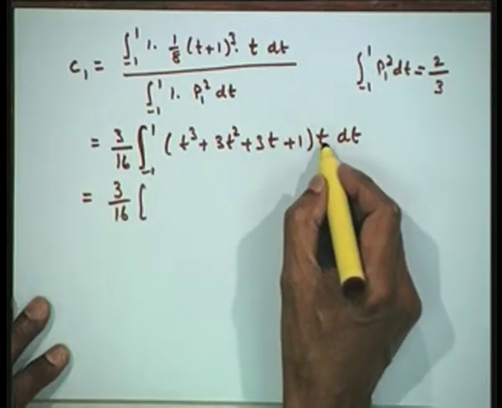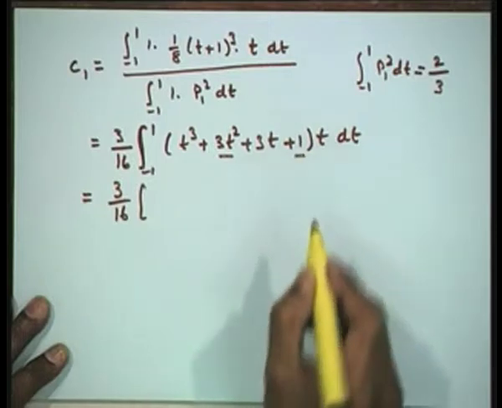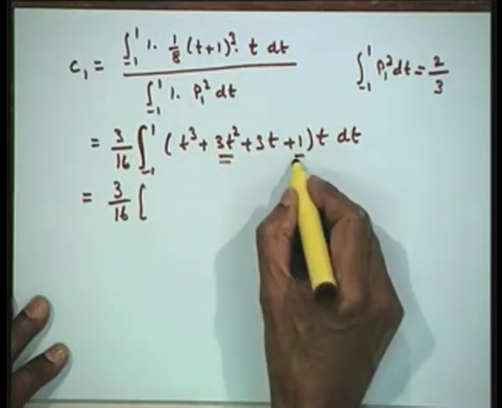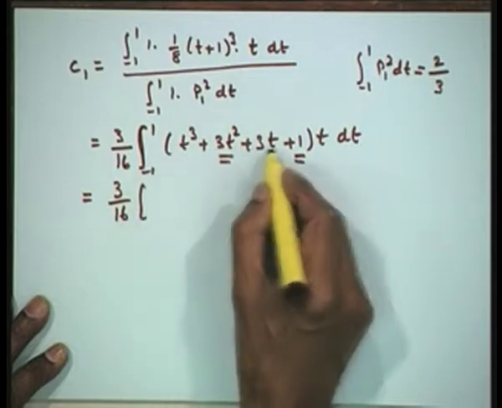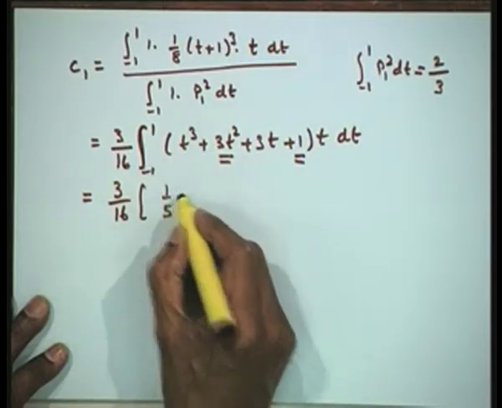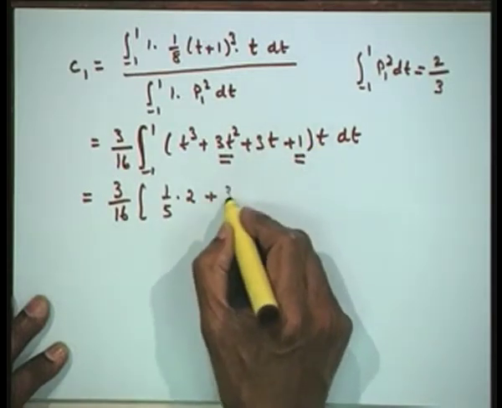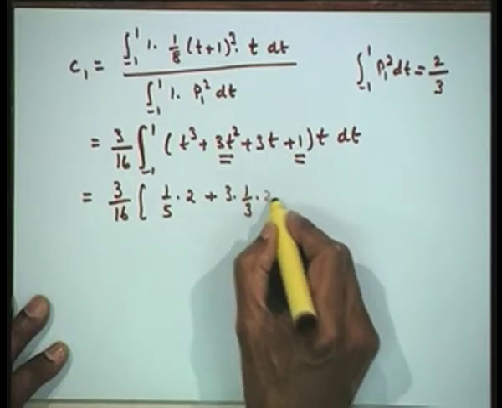Now, we are multiplying by t, therefore, this is t cubed and this is t, which is an odd function, therefore the contribution of these two will be 0. So, we will have contribution only from these two. This is t to the power of 4, therefore 1 by 5 into 2, this is 3 t square, that is 3 into 1 by 3 into 2.